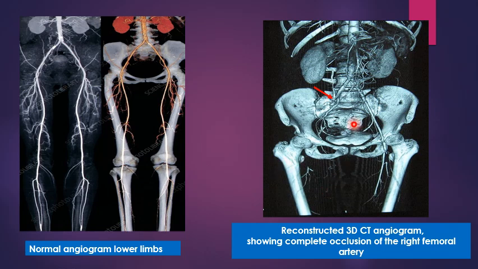In this patient, there's a 3D CT angiogram reconstructed, showing complete occlusion of the right femoral artery. This is the aorta here, then coming here, the femoral artery here. And this side, you see the femoral artery is patent, flowing very well. Here, there's an acute or abrupt occlusion of the right femoral artery.